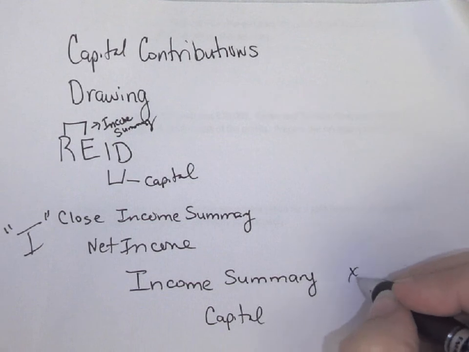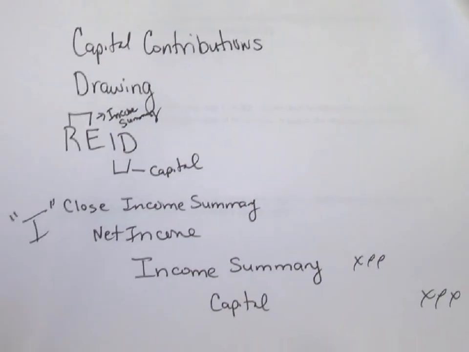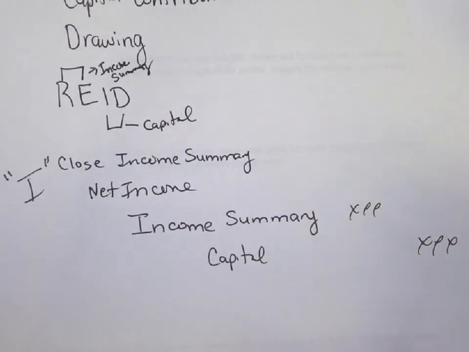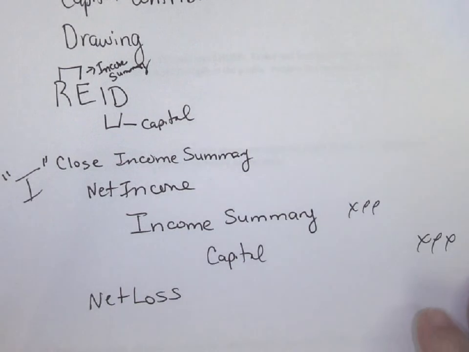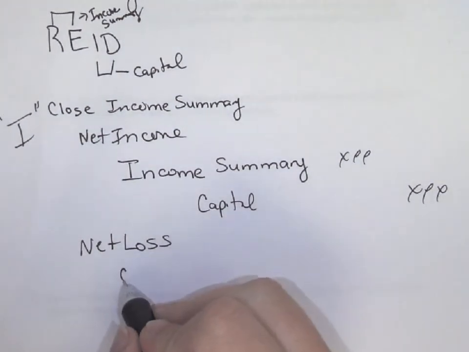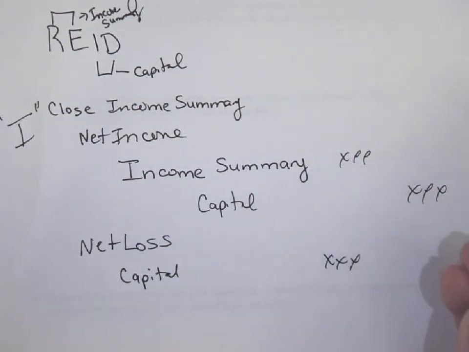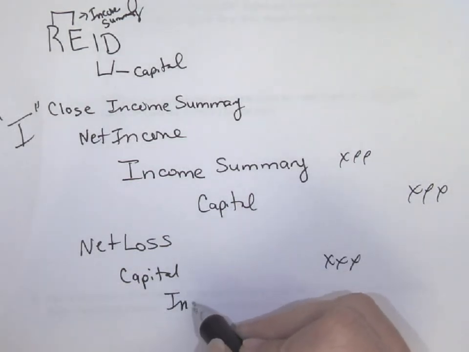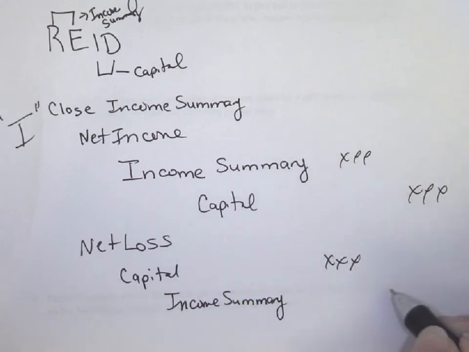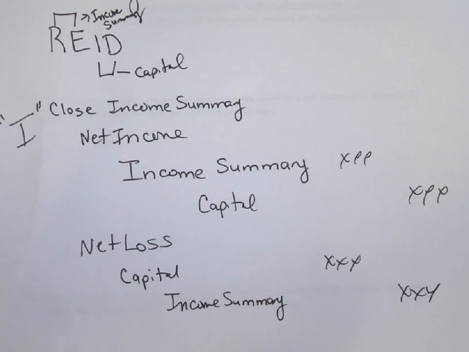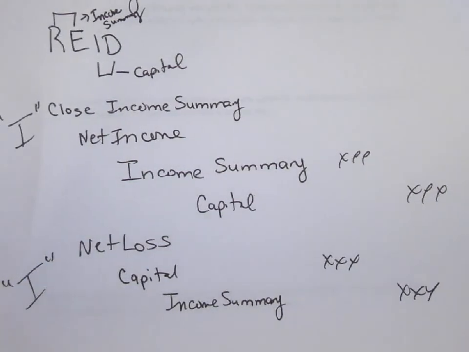All right, and so that's what we have for those different items. Now, if we had a net loss, it would pretty much just be the opposite, because our capital account would be decreasing if we have a loss, and we are just trying to close out what we have for that income summary. So that would be those I's. Both of those just depend on if you have net income or a net loss.